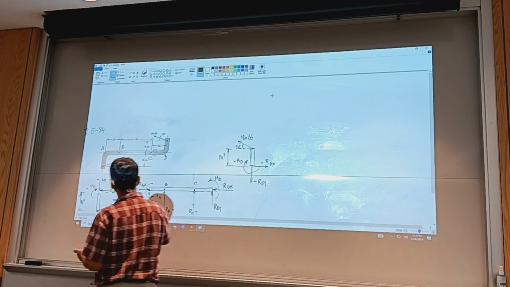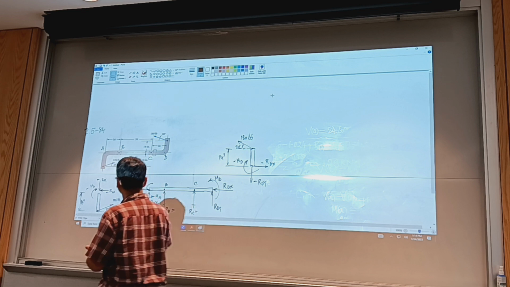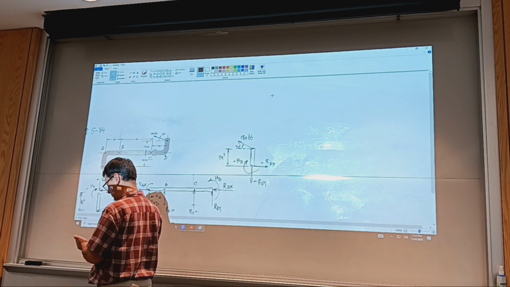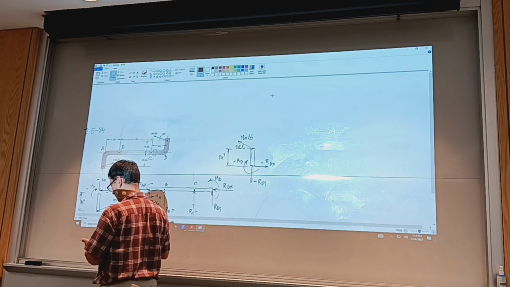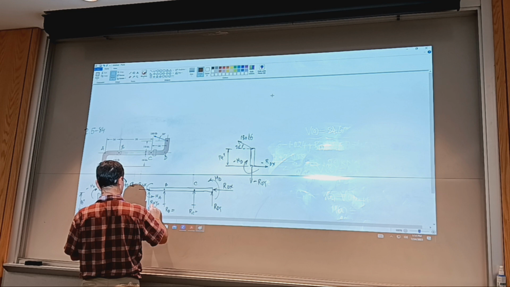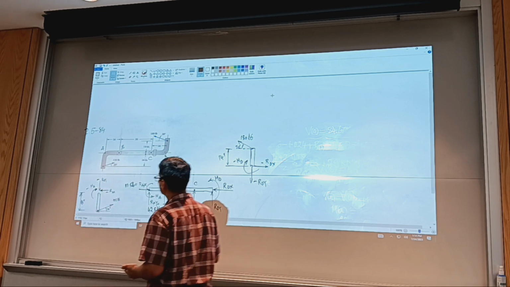Okay, I'm looking at this other one, and it's going to be 125 times sine 20 degrees equals 42.8 pounds.